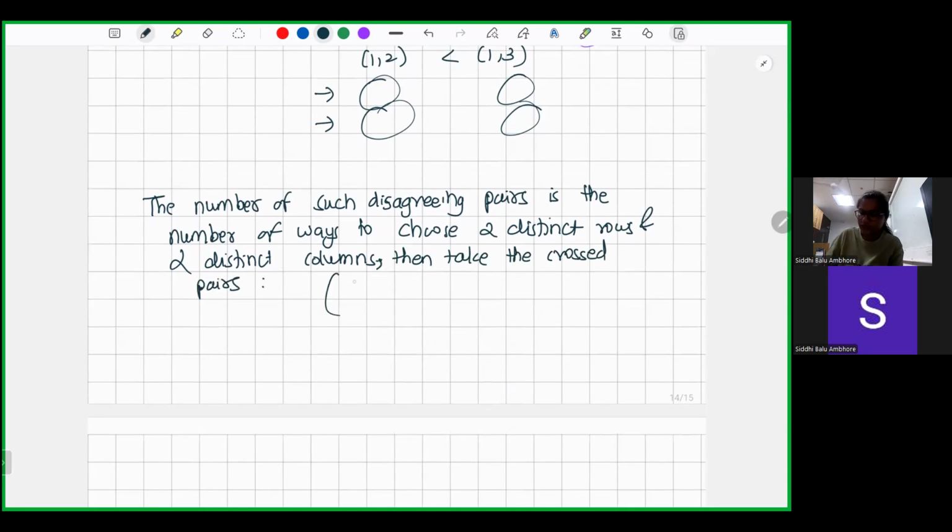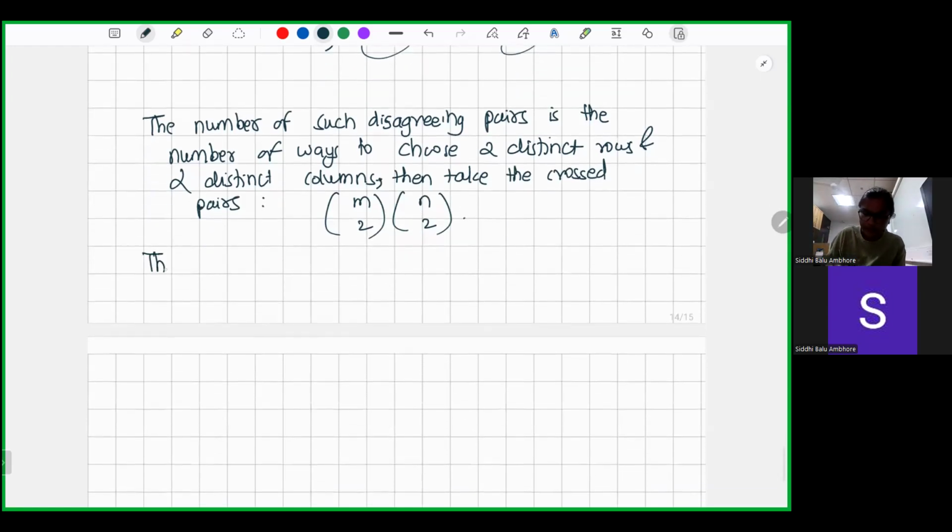And the number of ways we can choose is m choose 2 and n choose 2, right? I mean, I have to choose two rows from m rows and two columns from n columns. And that is the number of inversions. The number of disagreeing pairs means inversions in short. Okay, this is what inversion means. And the number of inversion pairs is m choose 2 and n choose 2.